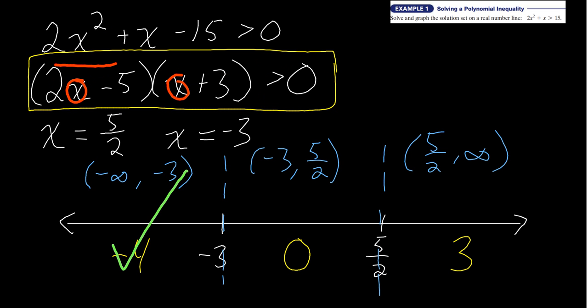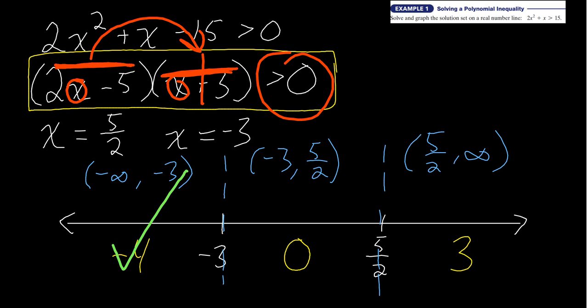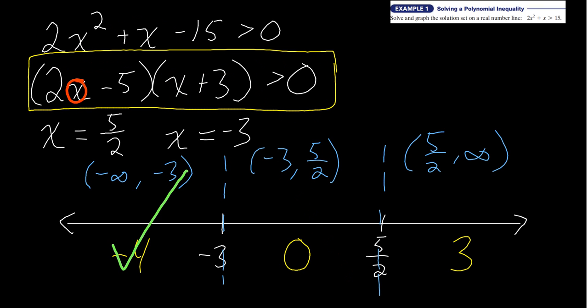So this term is a negative. 0 plus 3 is 3, and then that term is positive. So the entire expression is a negative times a positive, which is a negative number, and a negative number is less than 0. So this interval does not satisfy that inequality. Let's actually erase all this first before I put the x there. Does not satisfy the inequality.